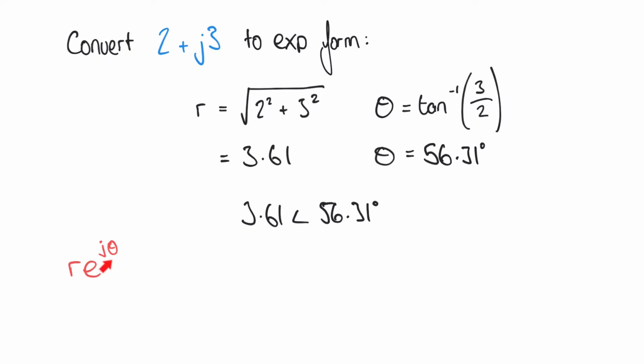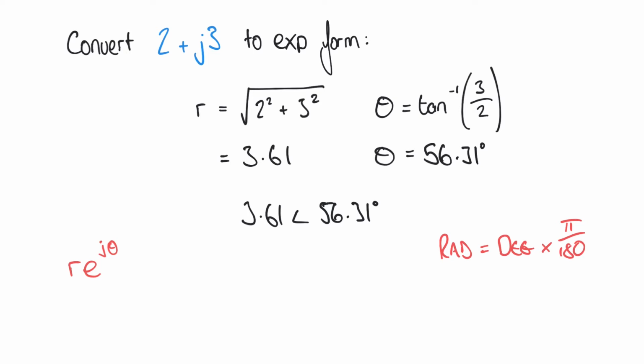But remember, we said that theta should be in radians when it's in exponential form. Here we've calculated our angle in degrees. We could have just changed our calculator settings to radians, but if we haven't done so, or if we're given a number in degrees, then we simply need to do the conversion where radians is equal to degrees multiplied by pi over 180.